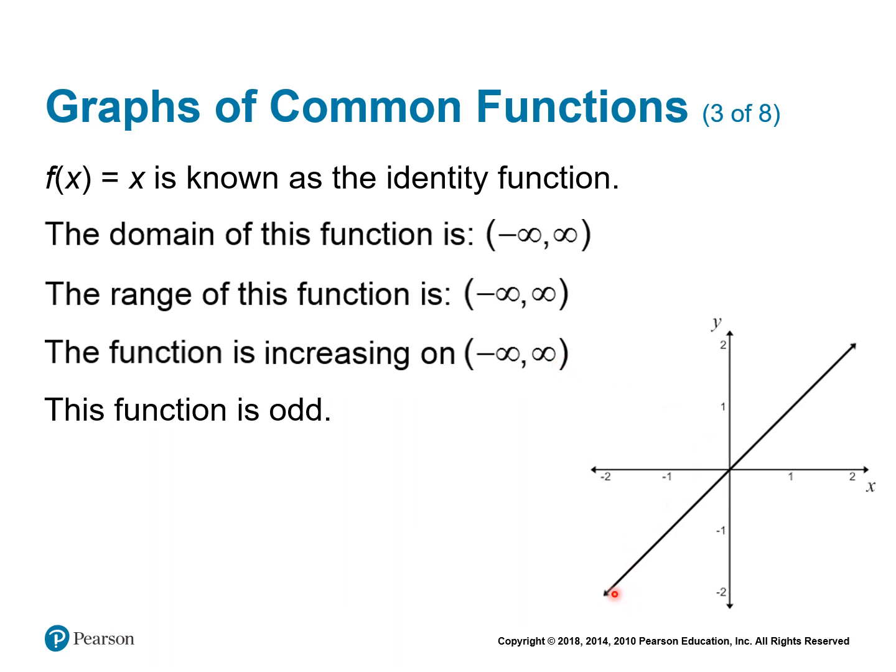All the way from -infinity to +infinity, the graph is rising from left to right. As we move from -infinity to +infinity along the x-axis, the y values are increasing, and that's why it's called an increasing function. And the function is odd.